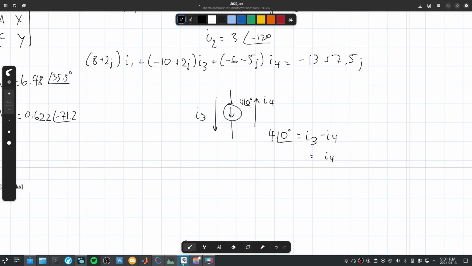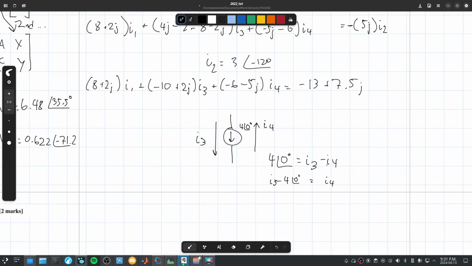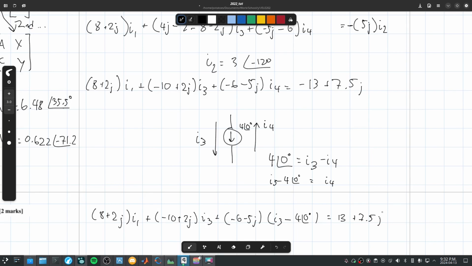So that is I3 minus 4 with a phasor of 0 degrees. And now we can substitute. So let's replace I4. 8 plus 2j, I1, plus -10 plus 2j, I3, plus -6 minus 5j, and then I3 minus 4 with a phasor of 0 degrees is equal to 13 plus 7.5j.